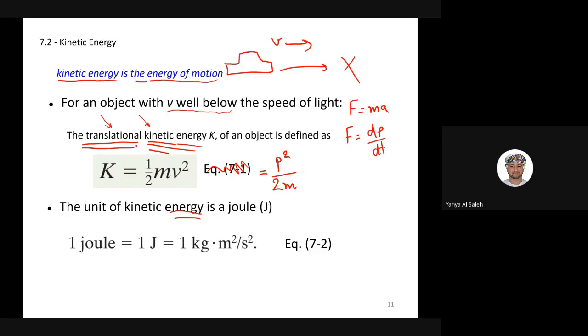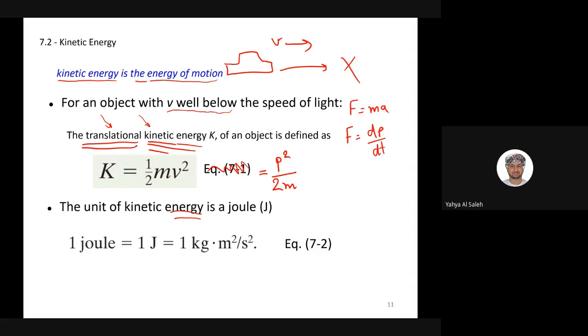Now, there's a lot of information in this slide, even if it doesn't show it. So we define kinetic energy as the energy of motion, which means that if anything is moving, it has energy. We restrict our definition to well below the speed of light, because when you get near to the speed of light, weird things happen.